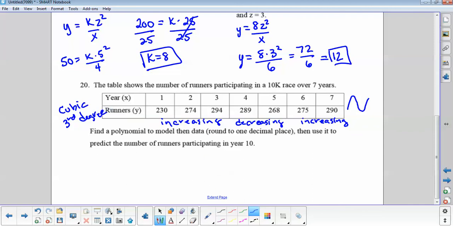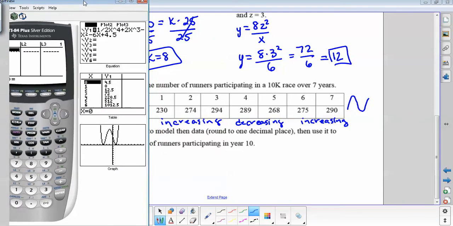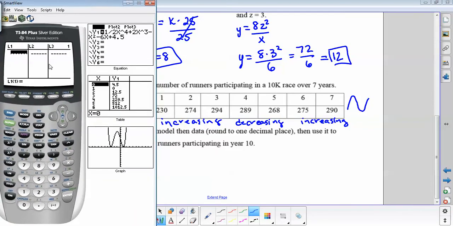So let's put the data in the calculator and do a cubic regression. Press Stat and edit your lists. And let's just take a quick look over and see what we have. First one is 1, 230. I'm going to put the inputs into the list 1. So 1, 2, 3, 4, 5, 6, 7.